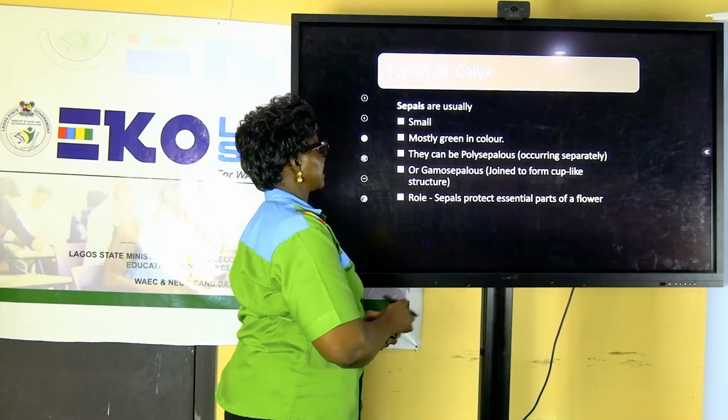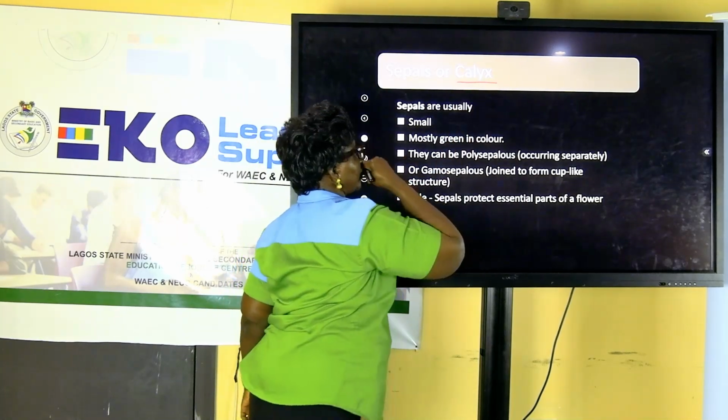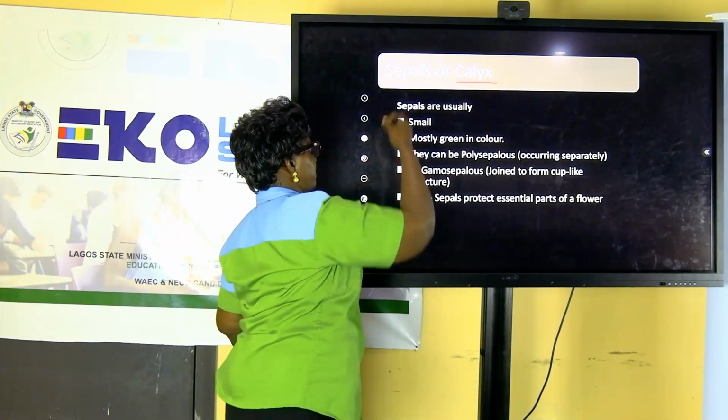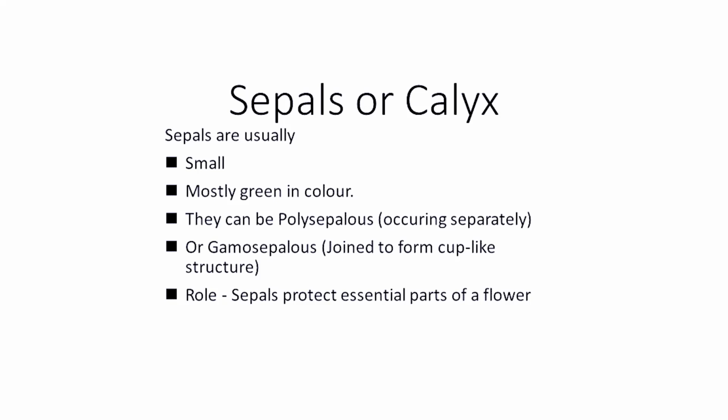We look at the calyx, which we mostly call sepals. Usually, when we look at calyx, they are small in size, and mostly, I'm underlining the word mostly, they appear green in color.